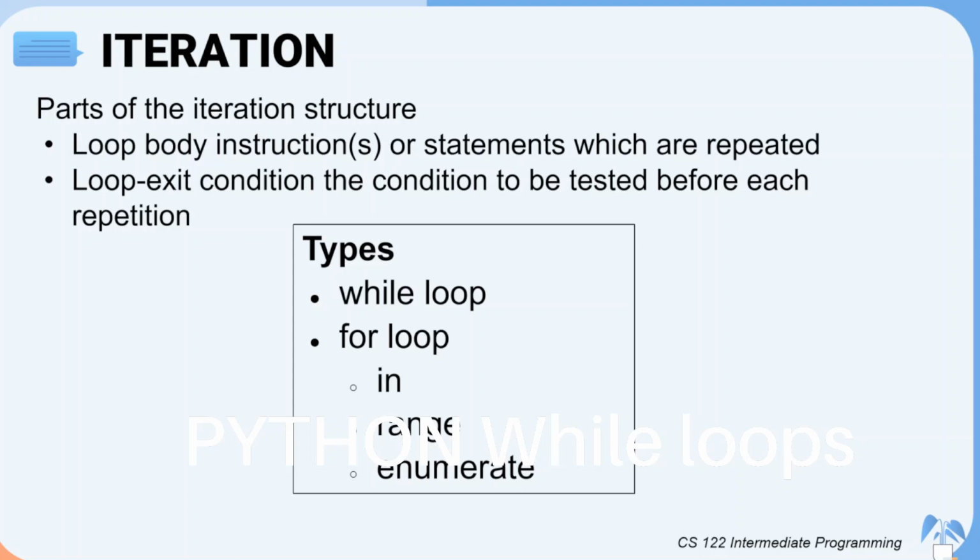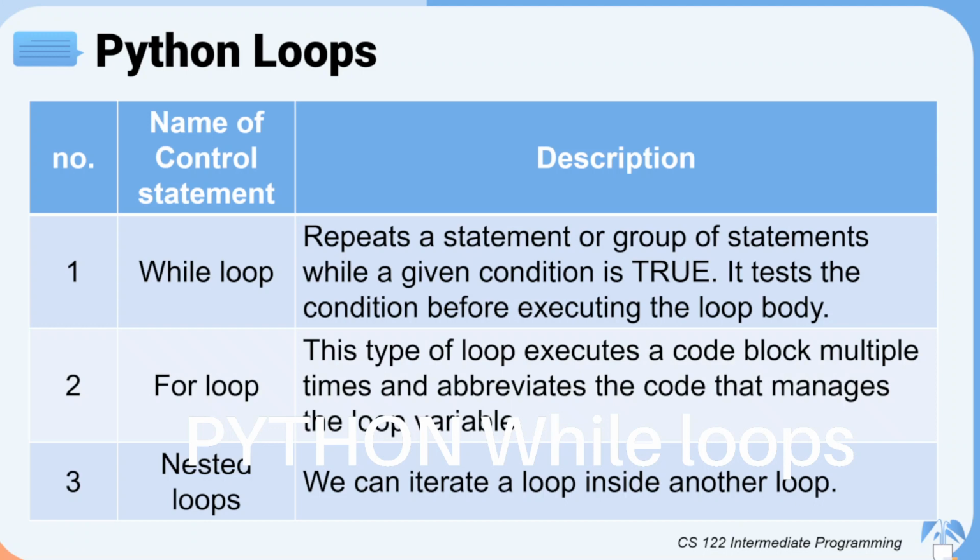But what exactly is a while loop? When we're talking about the while loop, it repeats a statement or a group of statements while the condition is true. So when would your condition be set as true? If the condition is unknown. However, if you know the condition, then you don't need to put true, because the program will automatically analyze it.